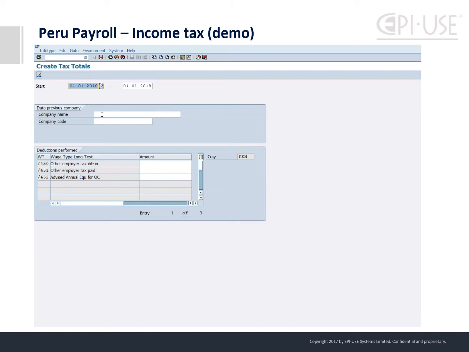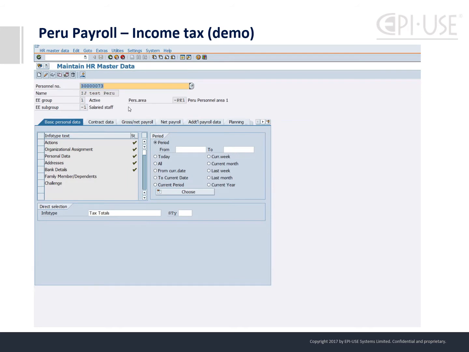So you can specify the name of the previous company and the code, and in here the values of the taxable income or the tax paid or off-cycle runs can also be added, and this will then be used in the current payroll. So there are two info types that are specific for tax purposes for the Peru country version.